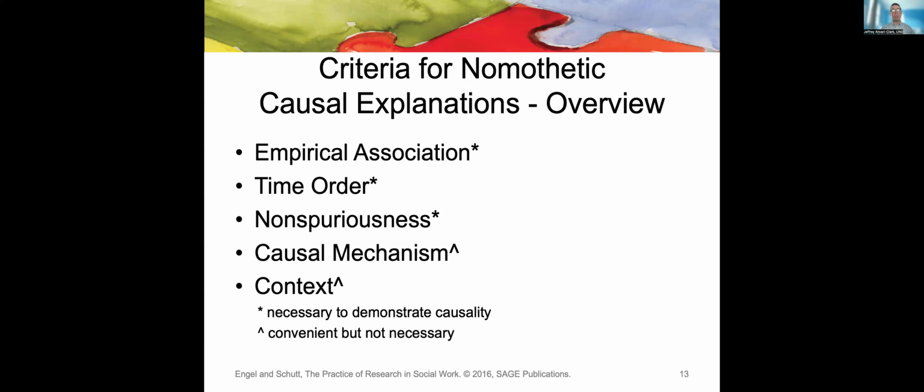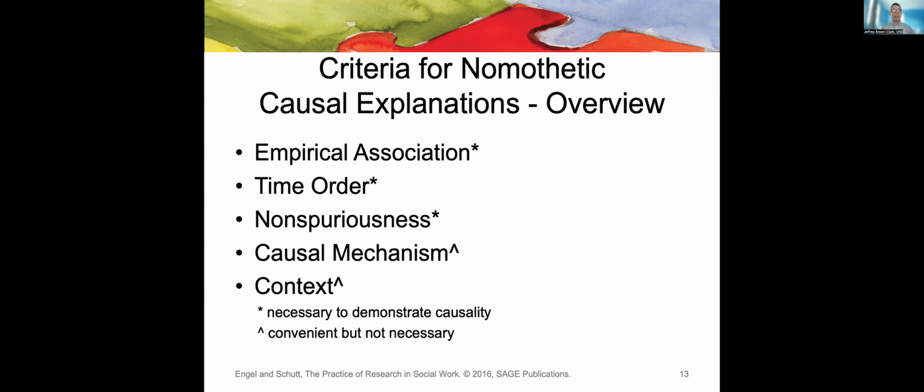Now, there has to be certain criteria, especially for when we do this in a quantitative way, or the nomothetic way. And so we have to have an empirical association, meaning that there has to be some research, there has to be a distinct sequencing in terms of time.